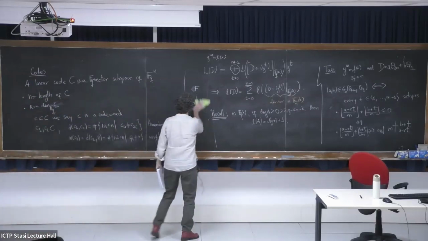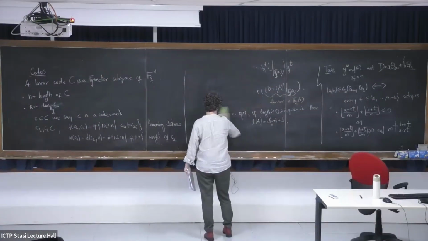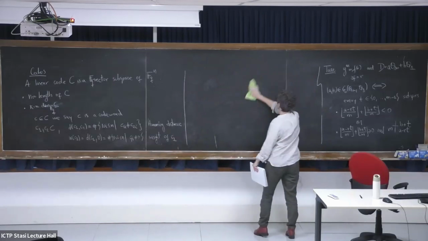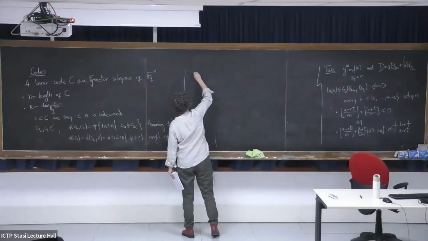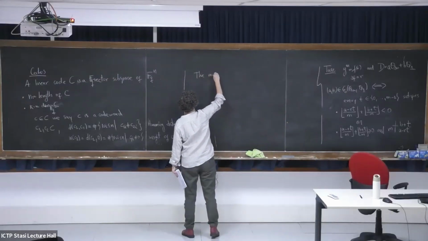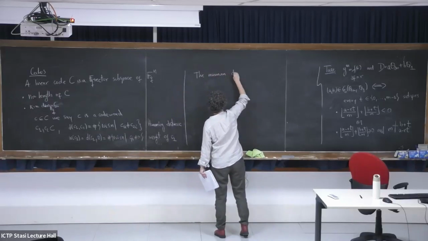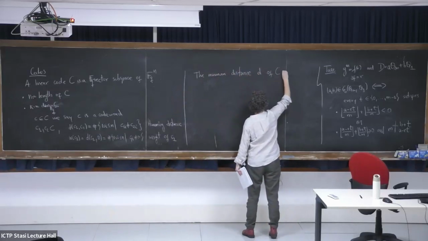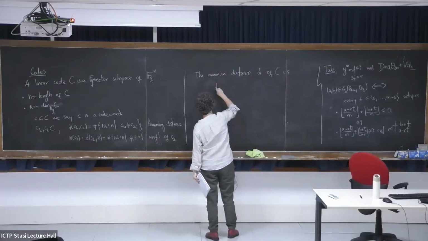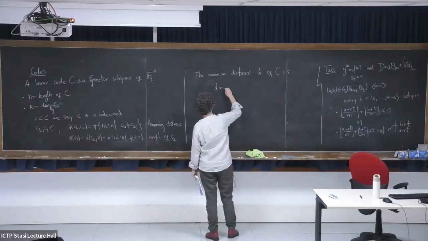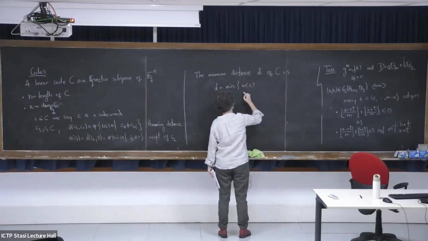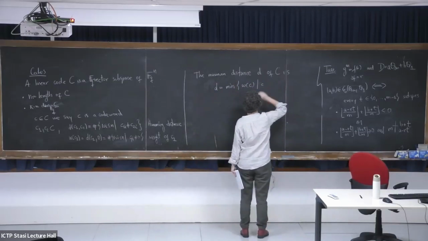So the minimum distance d is the minimum of the weight of c for c in C, c not 0.